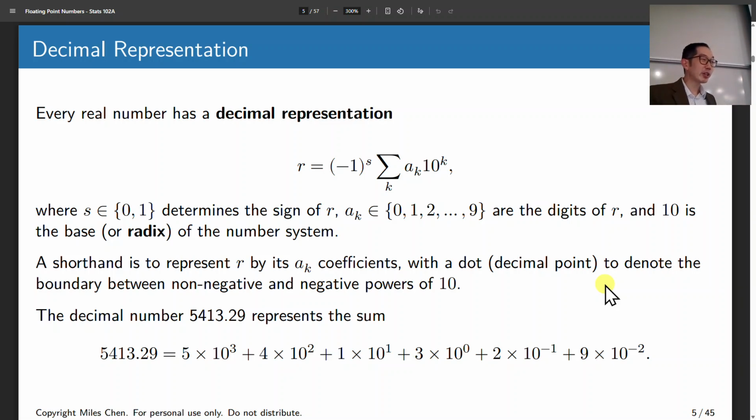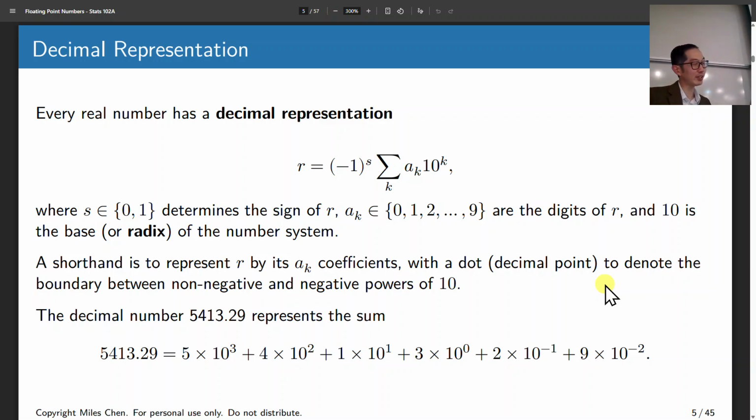Some of them might require an infinite number of digits, but we have a way to represent it. Think about the number pi: we cannot represent its full form because it requires an infinite number of digits, but in our mind there is a decimal representation. It starts 3.14159 and so on, and there's infinitely many decimal places, but there is a location, right?